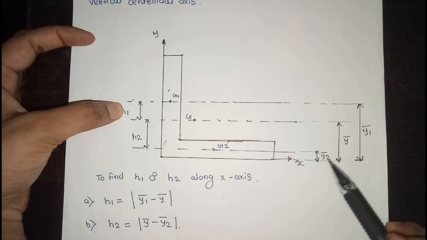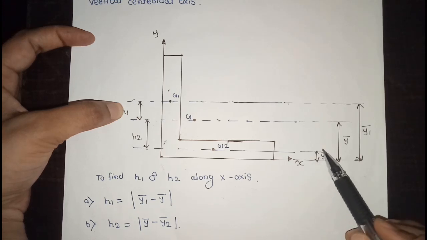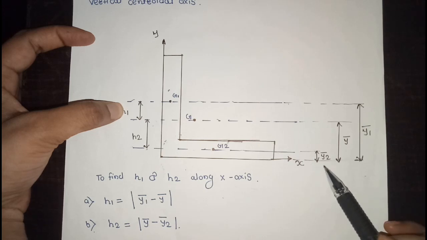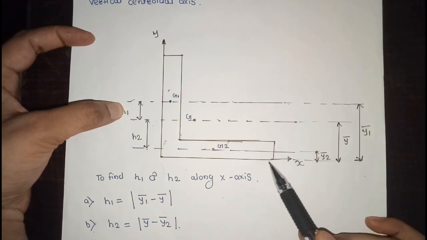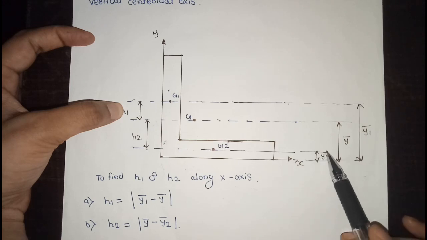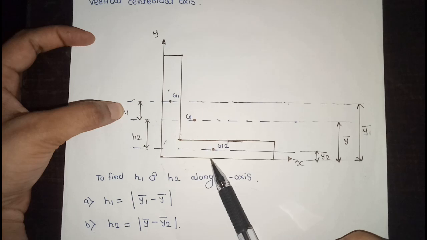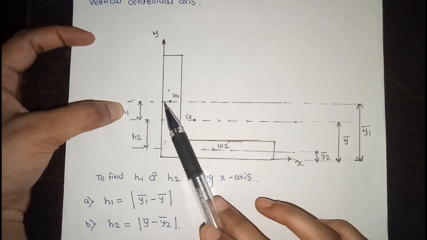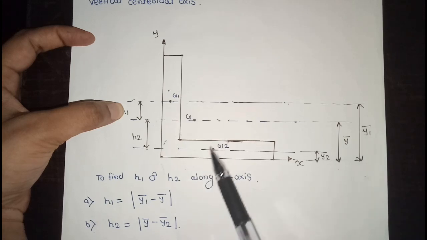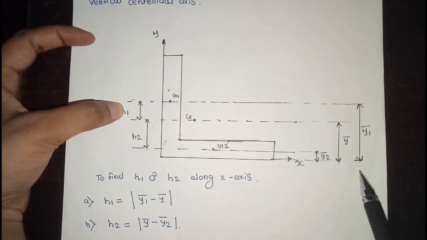Then Y2 bar. What is meant by Y2 bar? Distance between point G2 to base of x-axis means Y2 bar. Distance between point G to base of x-axis means Y bar. And distance between point G1 to base of x-axis means Y1 bar.